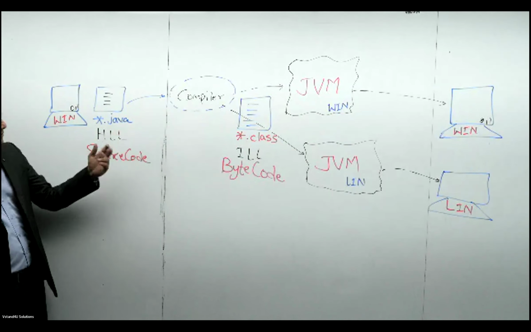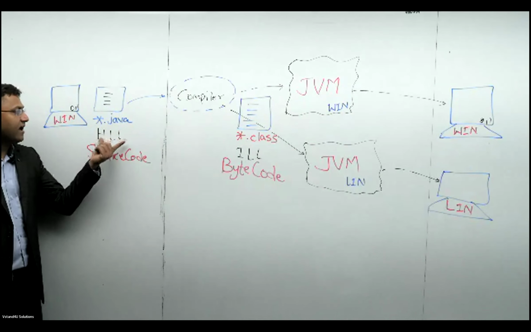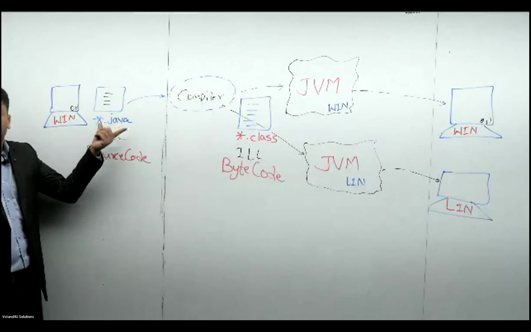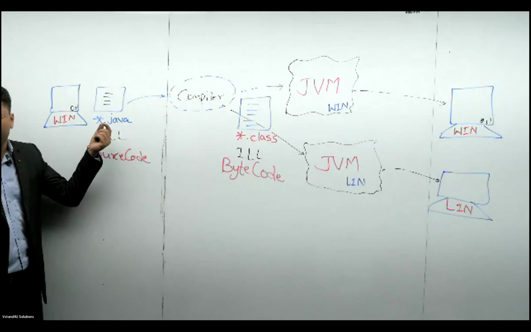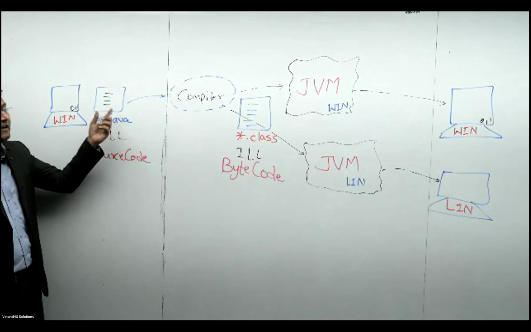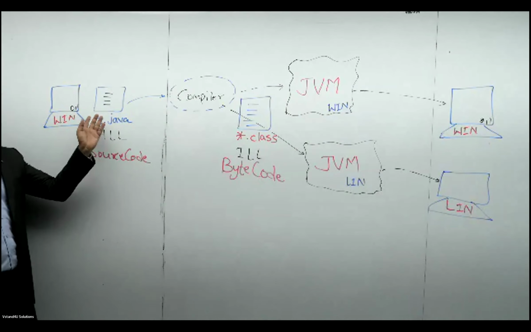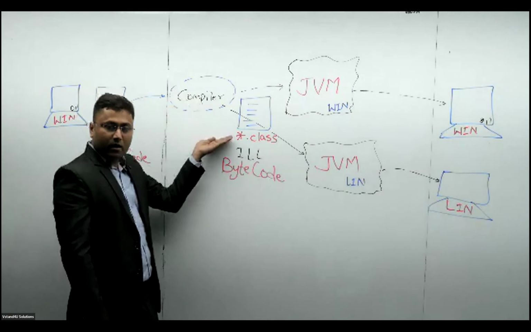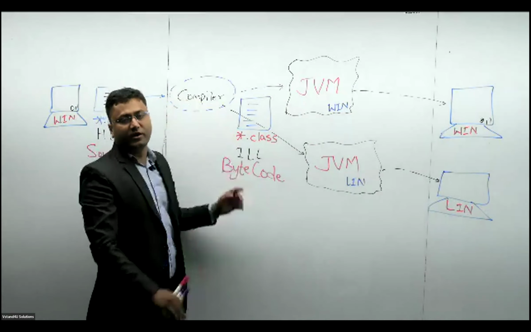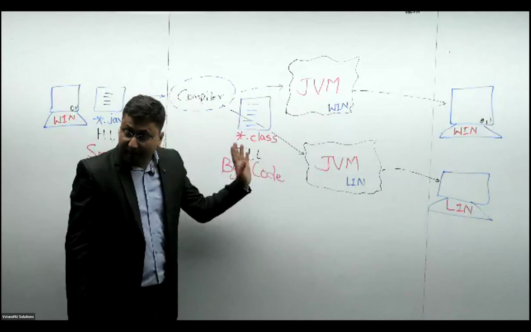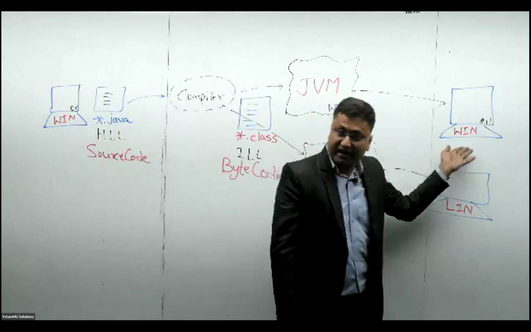I wrote a source code in a high level language, file name as Louder, on the Windows operating system. Am I right? This code has been processed by the compiler, will generate executable code in Java. Compiler will generate executable code in Java directly.